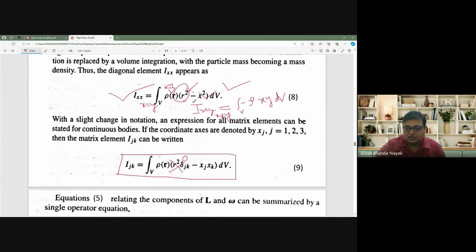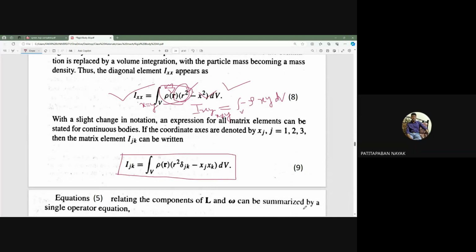So I add r square and delta jk. Delta jk means when x is equal to y it is 1, otherwise 0. So when x is equal to y, the extra term comes. When x is not equal to y, it is 0. Clear? Okay.